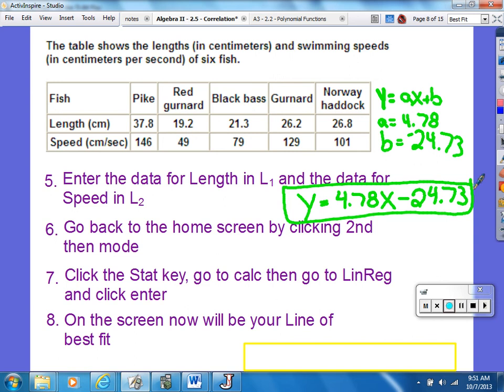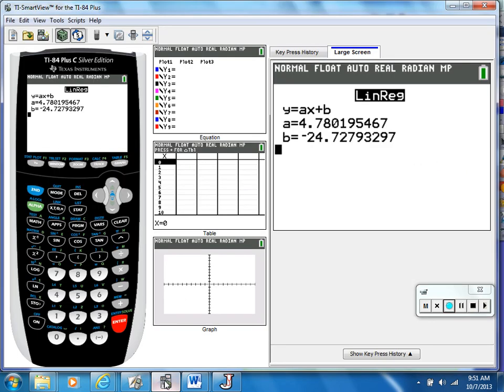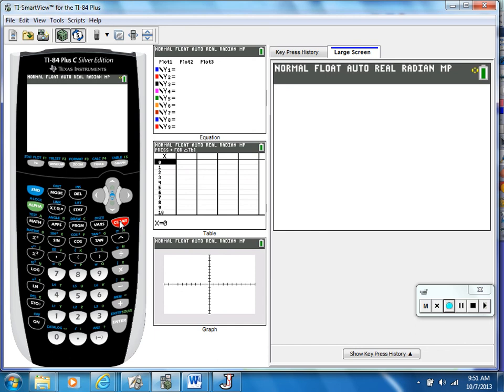But I do want to show you one other thing. I want to show you how the calculator will graph for you. So, take your calculator. Get clear with anything that's on this. And we actually want to plot the data, right? So notice up here in blue, for mine, it says stat plot. That means I'm going to plot the data.